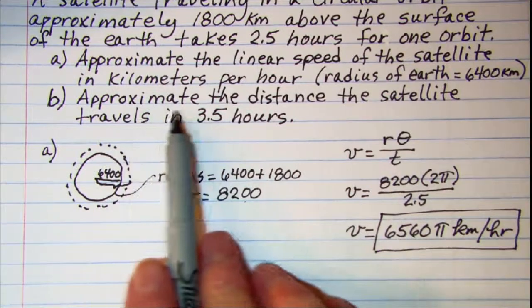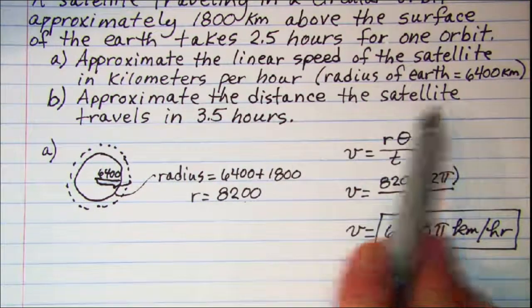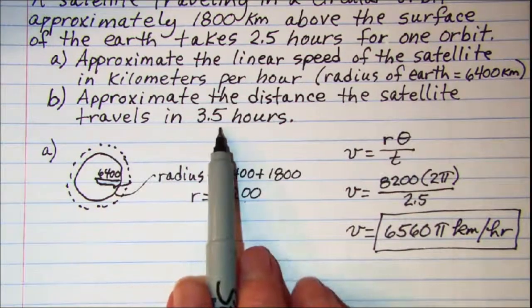Then we're asked to approximate the distance that the satellite travels in 3.5 hours.